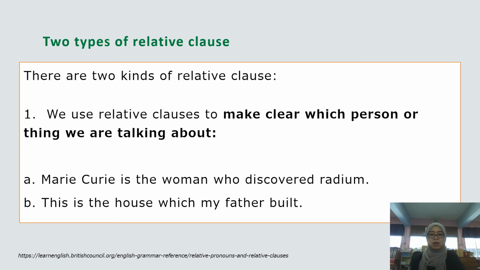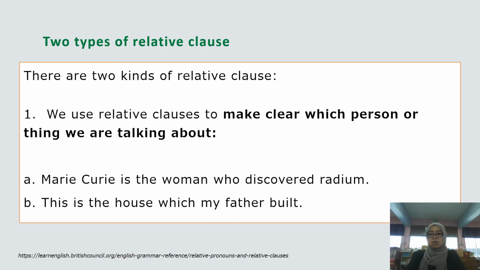So we are talking about Marie Curie. This is the first type of relative clause. The second example: this is the house which my father built. We are referring to the house which my father built.